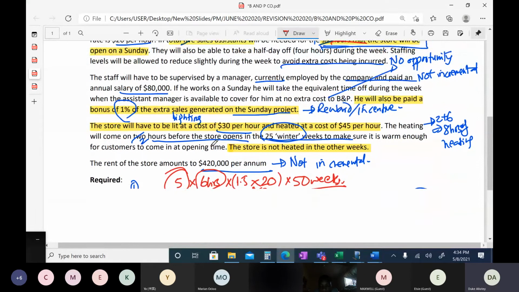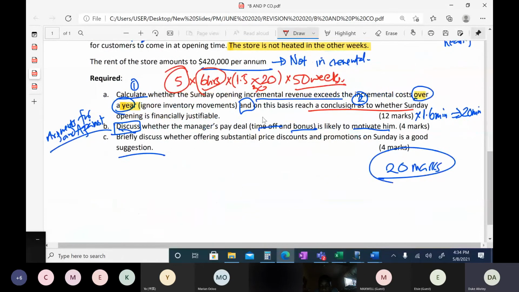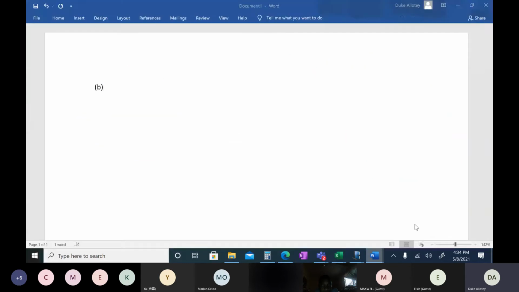The question was very clear. It says the time off and then the bonus. So these are the two. So discuss the time off and discuss what? The bonus. So I'm coming here and I'm going to do the time off.